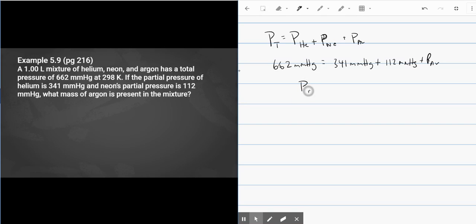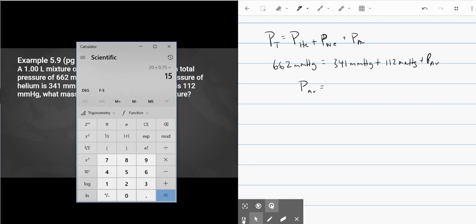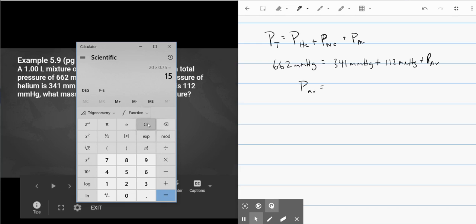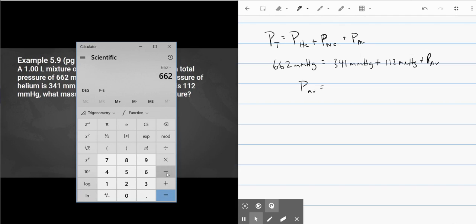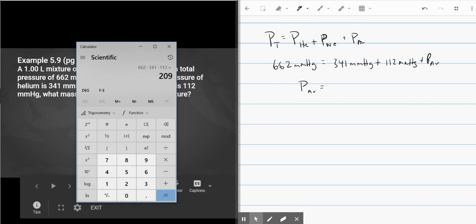So moving that to the left side, I'm going to add these two together and subtract, or I can do 662 minus 341 minus 112, which is 209. So the pressure of argon is 209 millimeters of mercury.